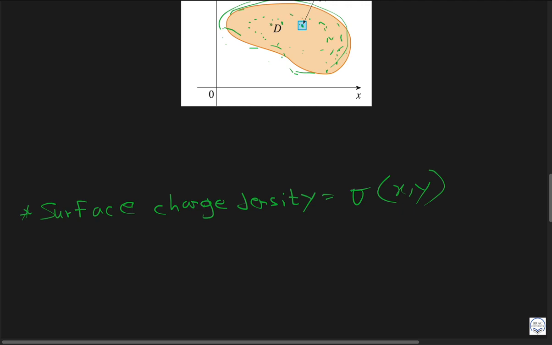Let's say this is our charge distribution, this particular surface D. We have to consider the effect of all of the points on D. Every point has some contribution towards the charge, so in order to consider all of them, we have to integrate this charge density function over the entire domain D. This is a double integral, so our region of integration is an area. This is my total charge, we'll call it Q.